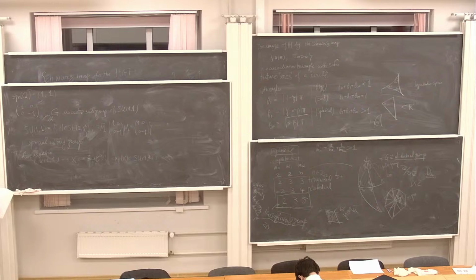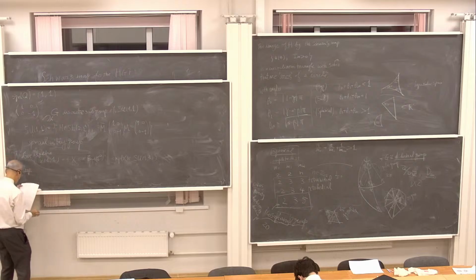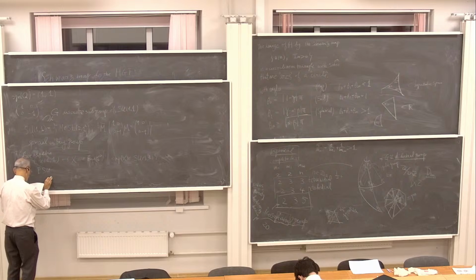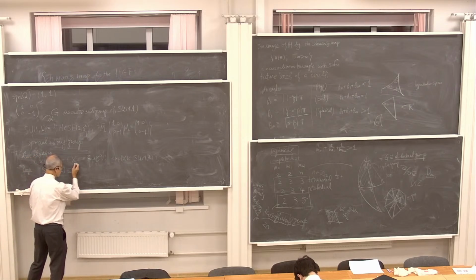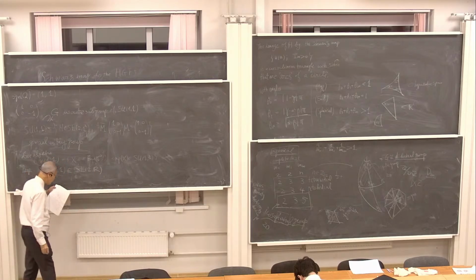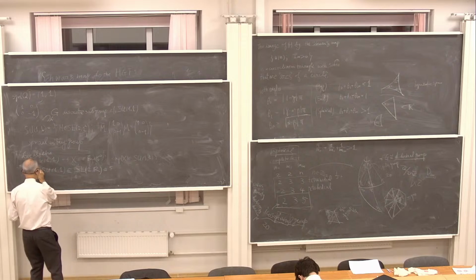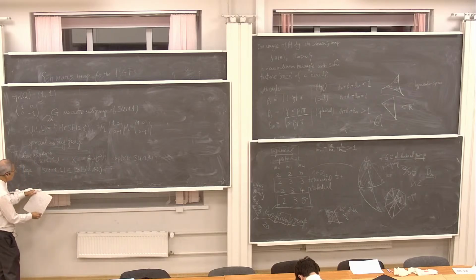And now we see the following proposition: projective SU(1,1) is isomorphic to the real special linear group, projective SL(2,R).